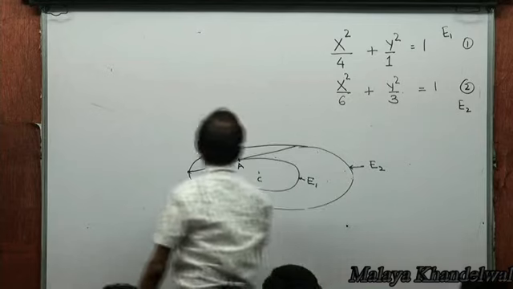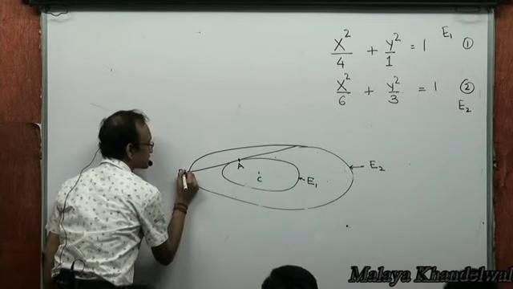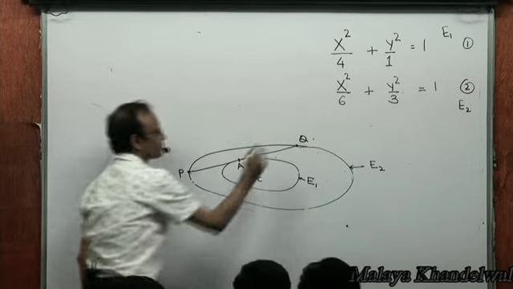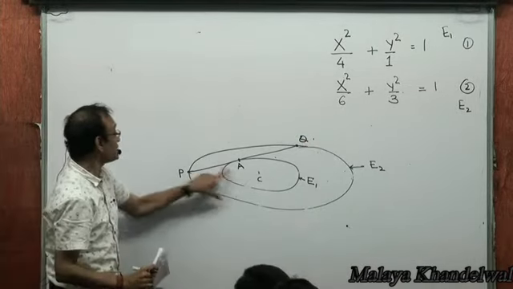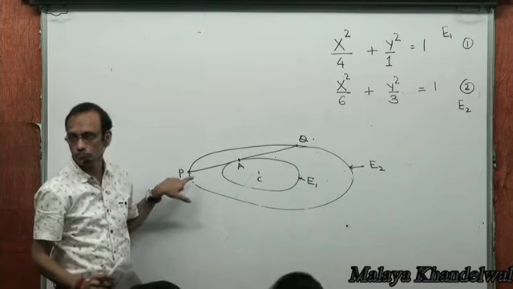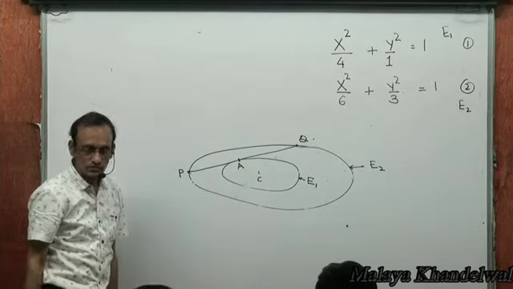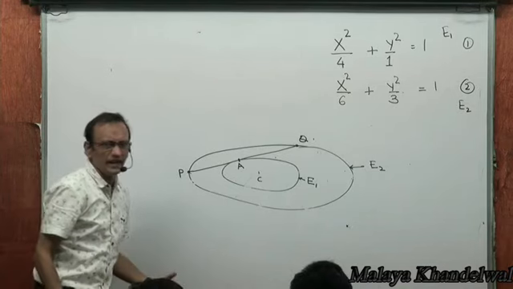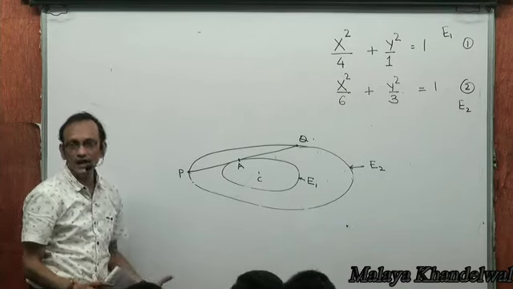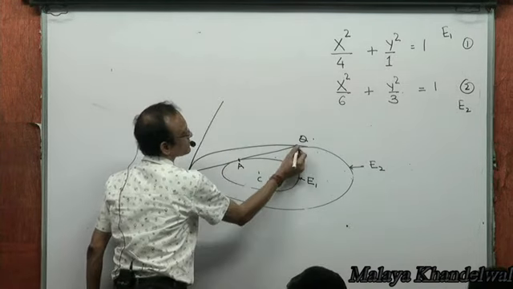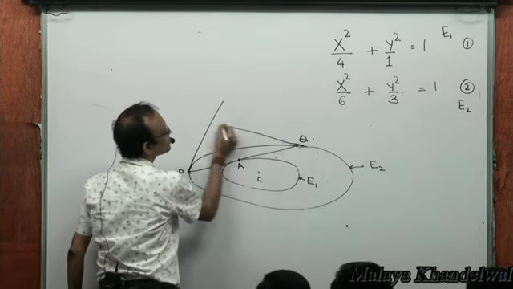And this tangent would intersect the outer ellipse at P and Q. For different A's, you will have different pairs PQ. For every A, there is a PQ, and every time you get a PQ, you draw tangents at P and Q respectively.